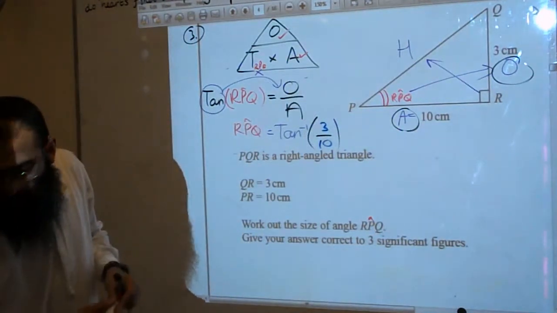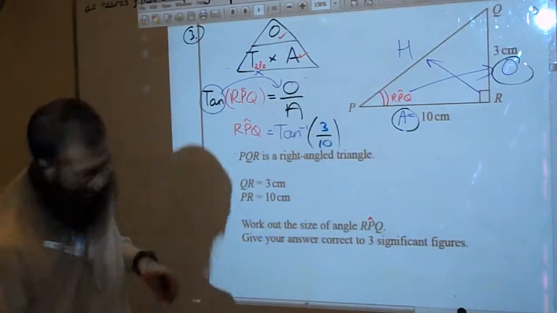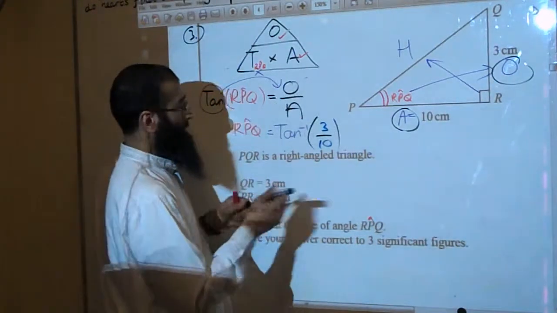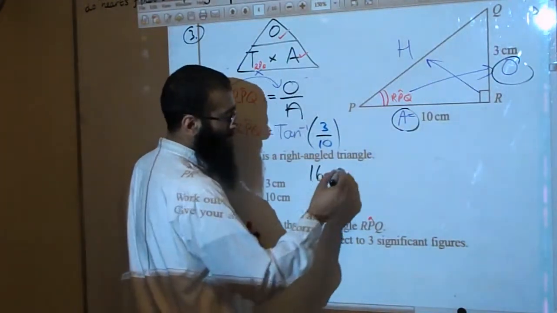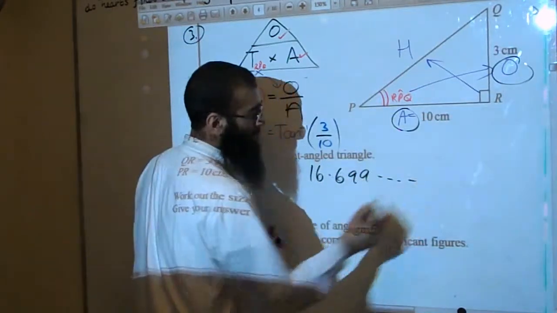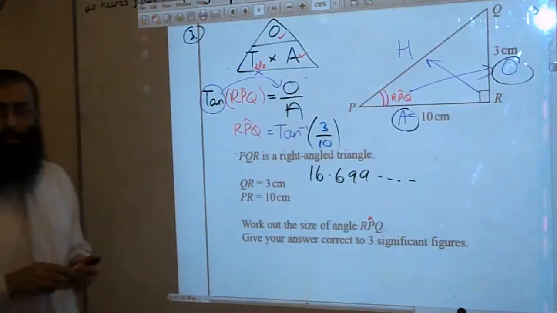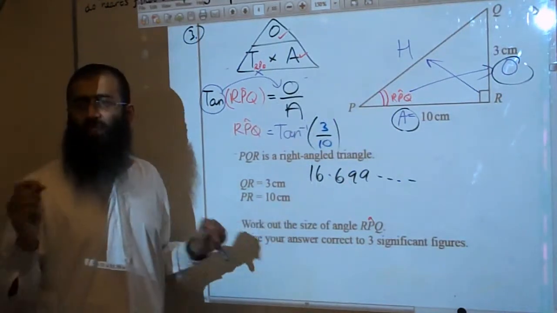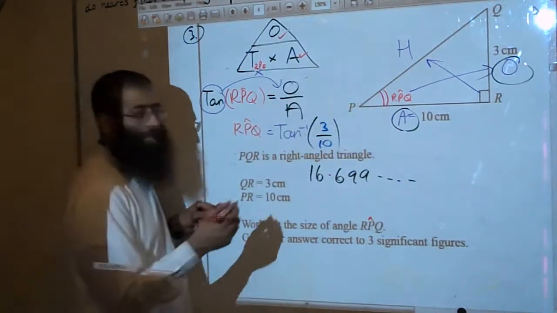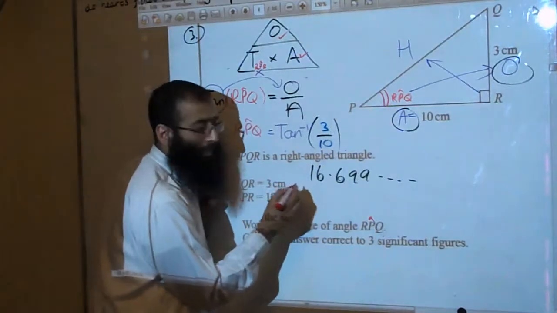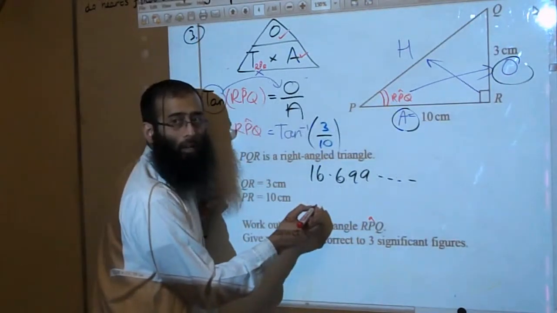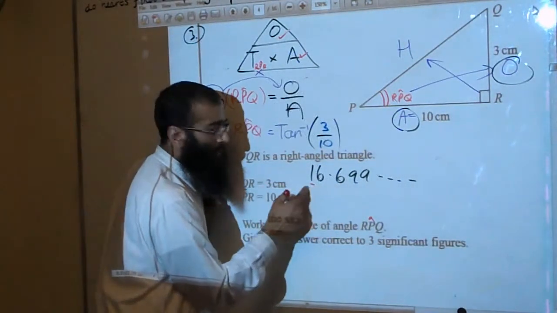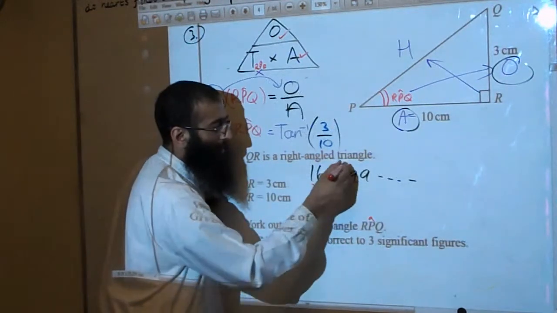Okay, 16.699. Now the question says 3 significant figures. The first significant figure starts here, second, third.